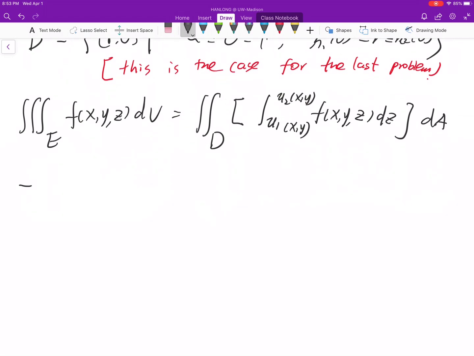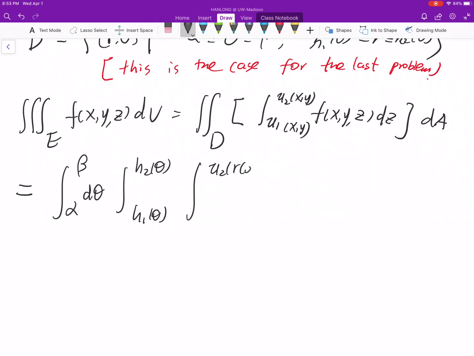And then let's do polar coordinates for D. Then you have alpha, beta, this is for the angle, and h1 to h2, this is for the radius, and then inside you have the function for the height z.